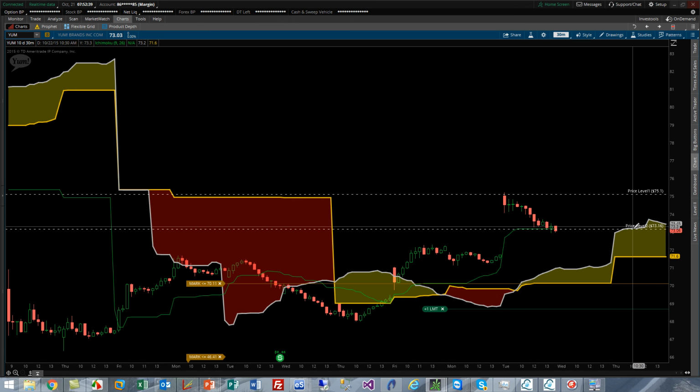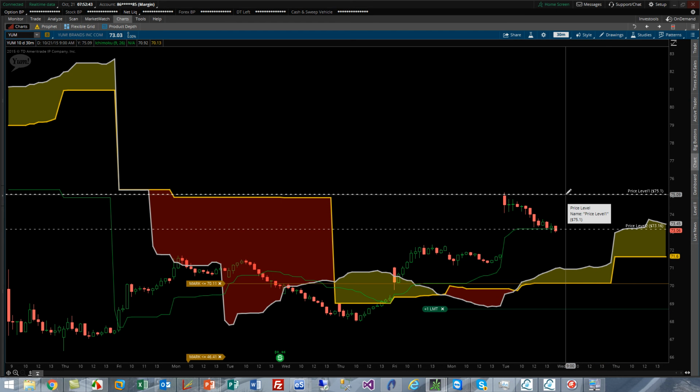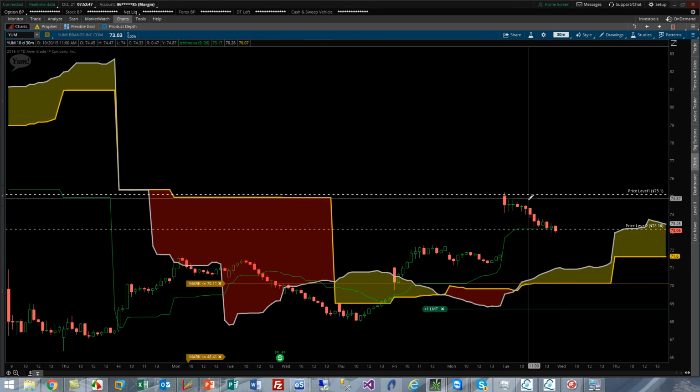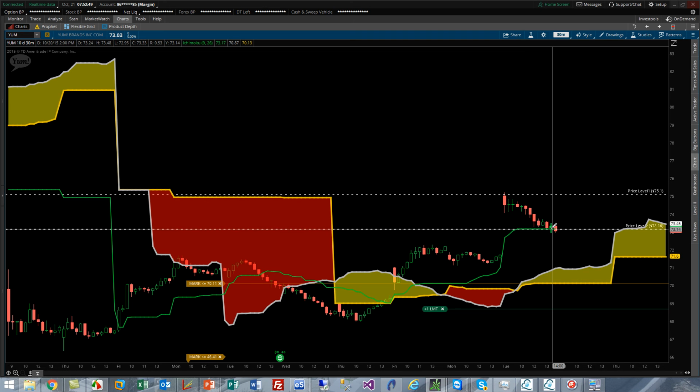This is roughly $2 away from our entry. Our goal for the majority of our day trading positions was to exit as soon as it got here, so we put an alert here. As soon as it came down here, we exited 75% of our positions.